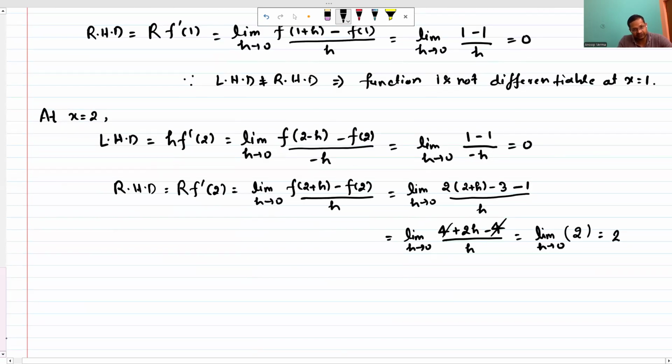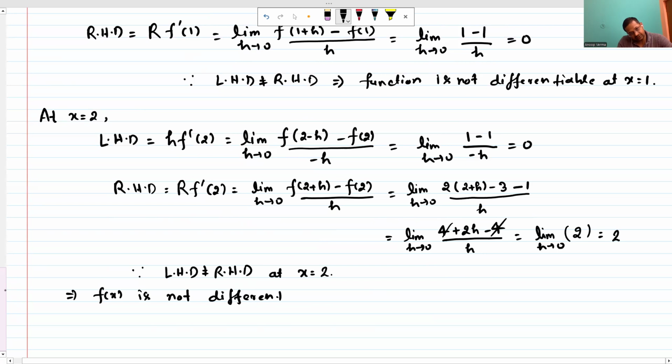So you can also see clearly that the left hand derivative is not equal to the right hand derivative at x equals 2. It implies f(x), the given function, is not differentiable at x equals 2.